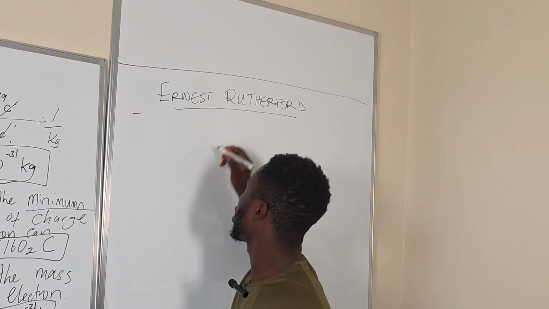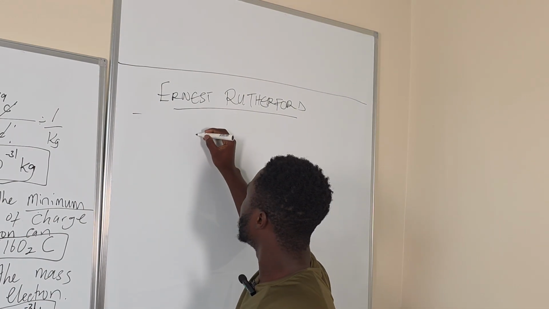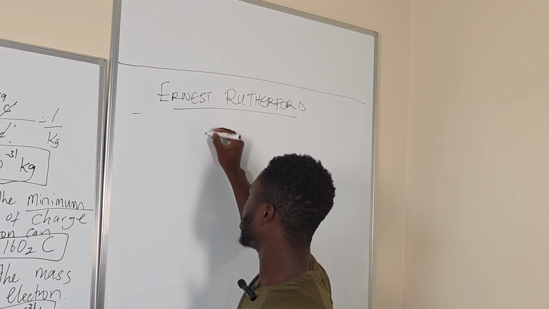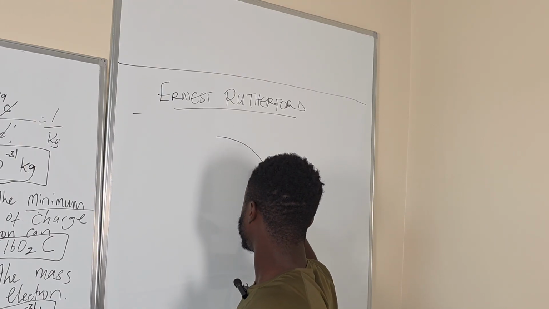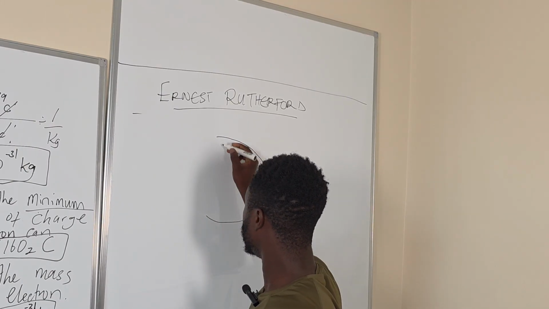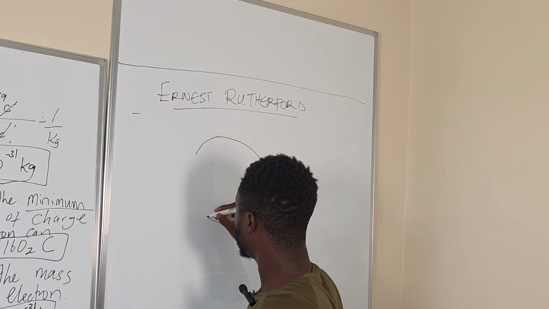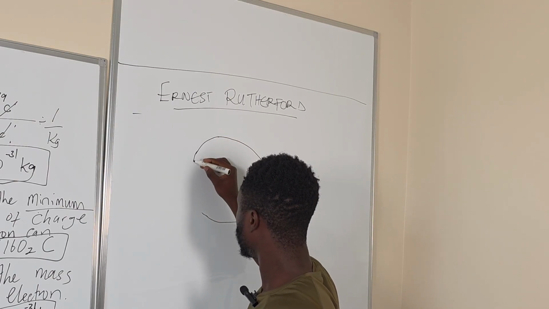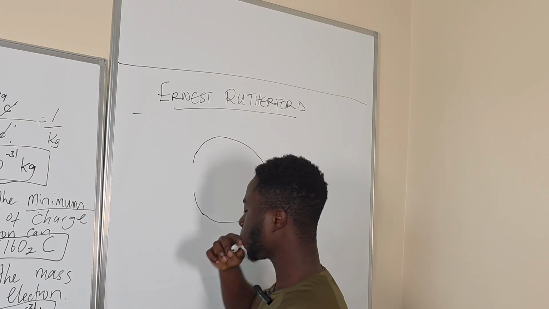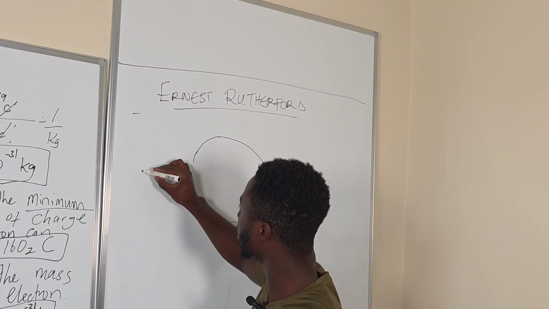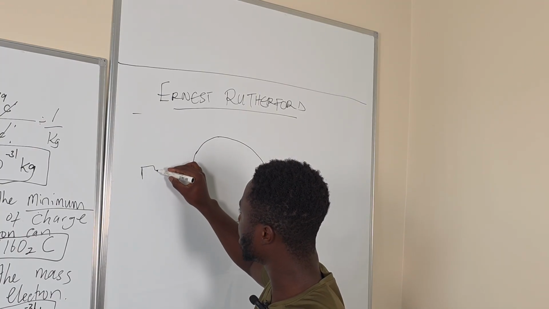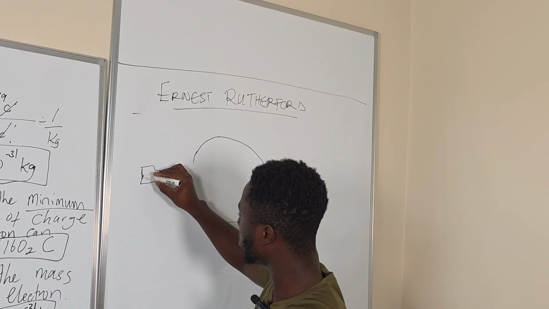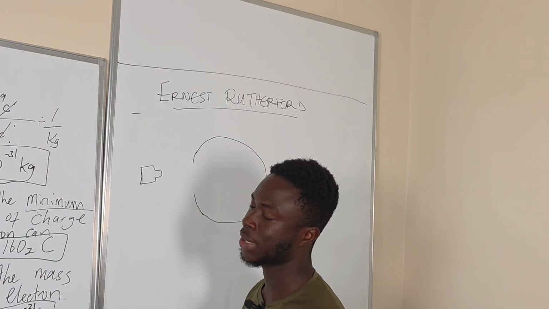So he found a screen. Let me draw a screen over here. He found a screen, and over here, he put radioactive alpha particles.